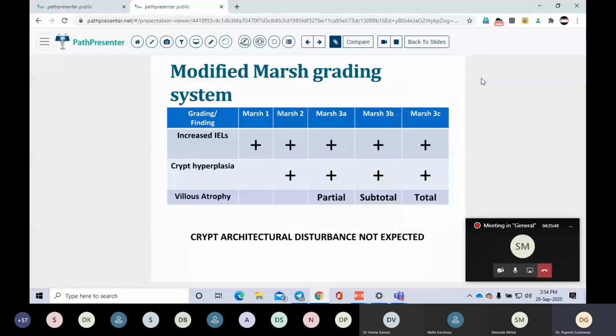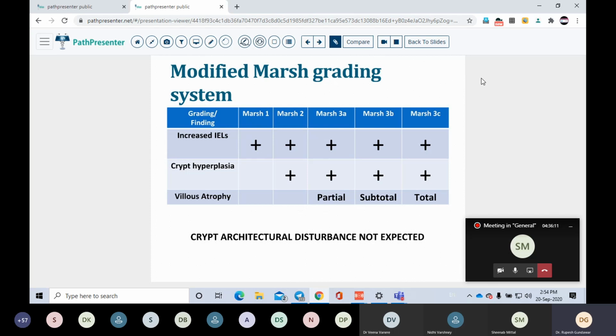March 3A, when there is the start of villus atrophy, becomes the atrophic pattern. And March 3C, when there is complete villus atrophy, that is total loss of villi, corresponds to Corazza grade 2, where you can suspect celiac disease with a high possibility.